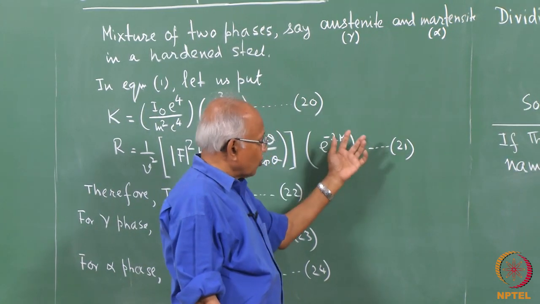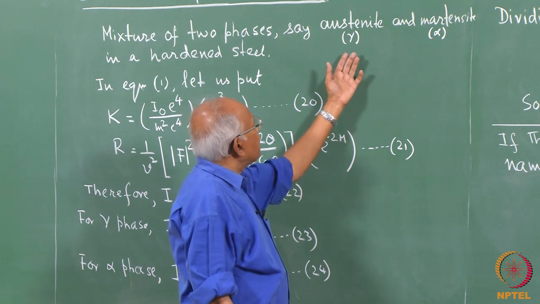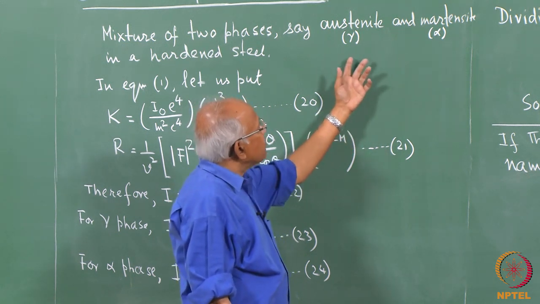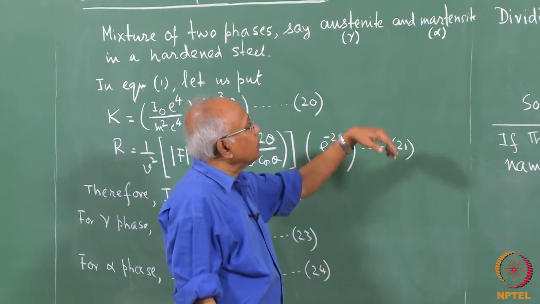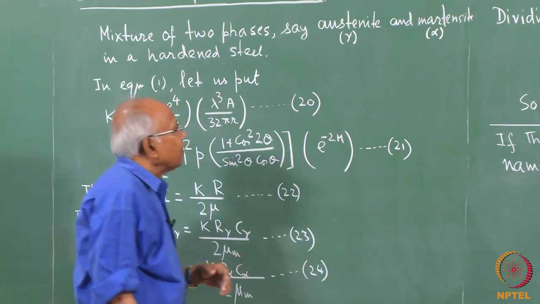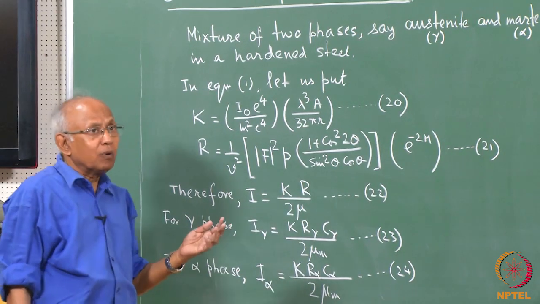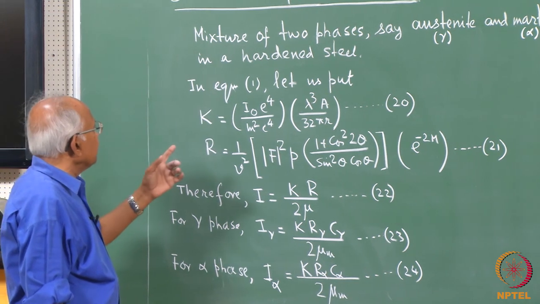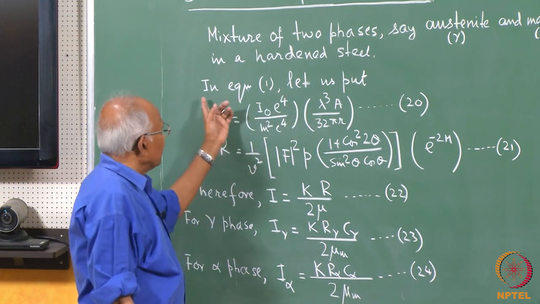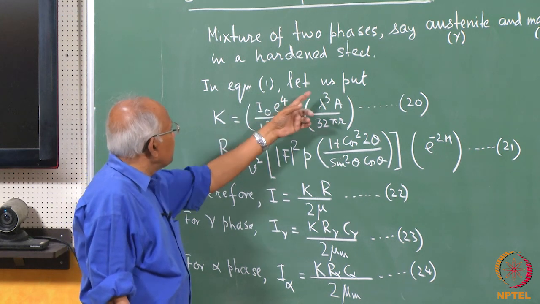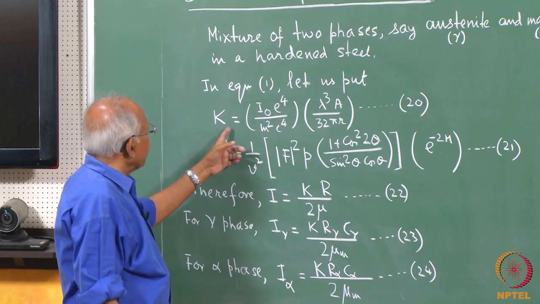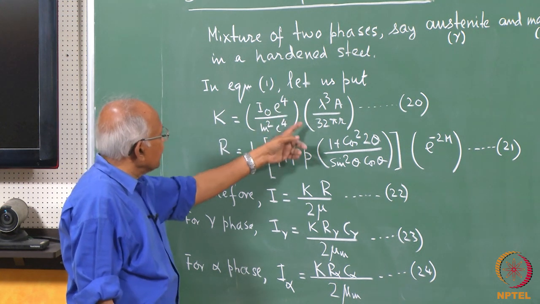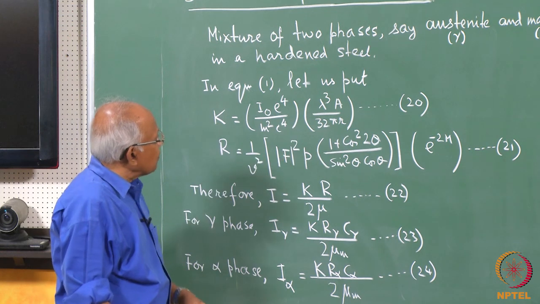And as I will show readily, by comparing the intensities of the two chosen lines from the two phases, it is possible to find out the volume fraction of individual phases. Now, from equation 1, if you remember equation 1, we put K, a constant, equal to I_0 e^4/m^2 c^4 times lambda^3 A/32 pi r.